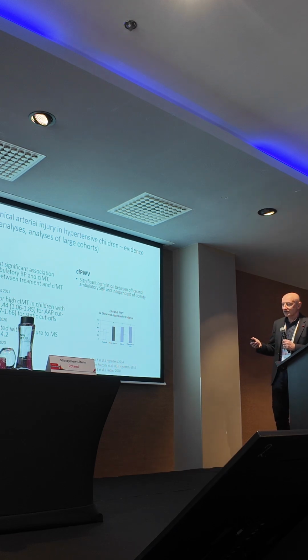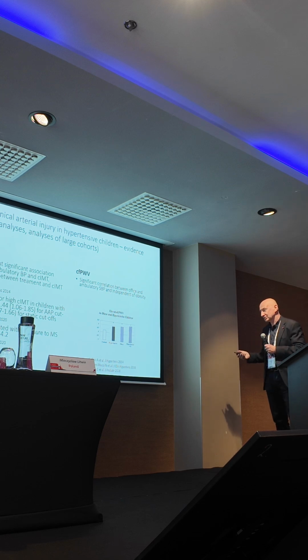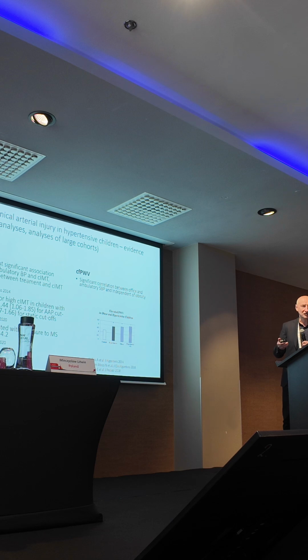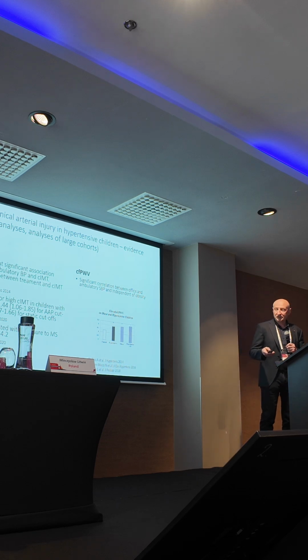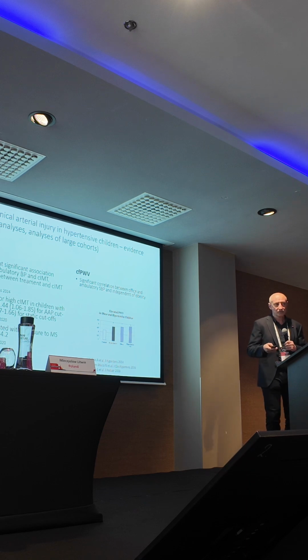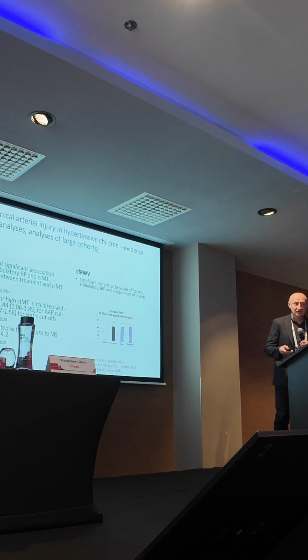The question is whether there are any data showing an association of carotid intima media thickness and pulse wave velocity with cardiovascular risk in children. Yes, we have a lot of data. We have a lot of data showing that CIMT is a good marker of hypertension-induced organ damage, that the higher the IMT in adolescence, the greater the cardiovascular risk in young adulthood, and the same is true for pulse wave velocity.